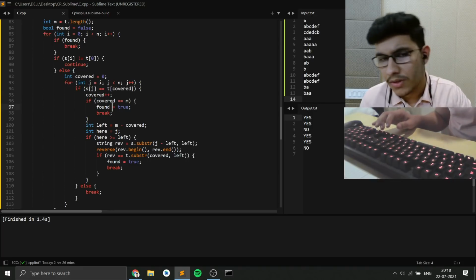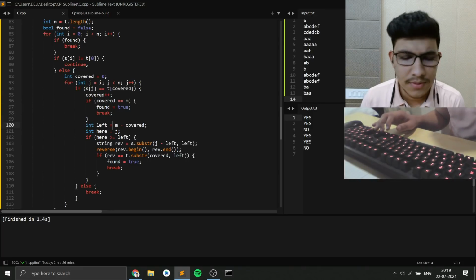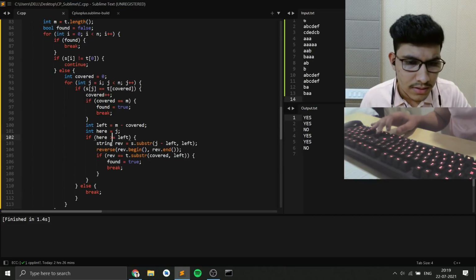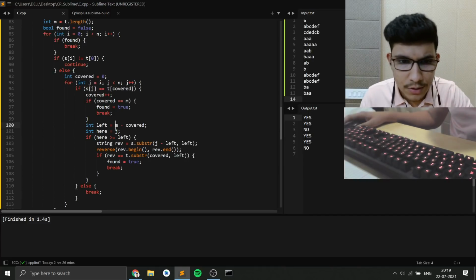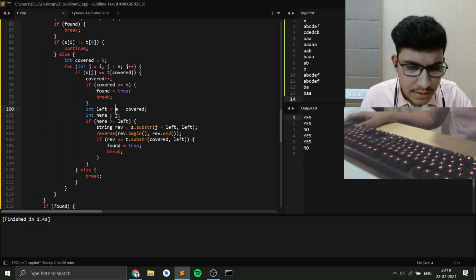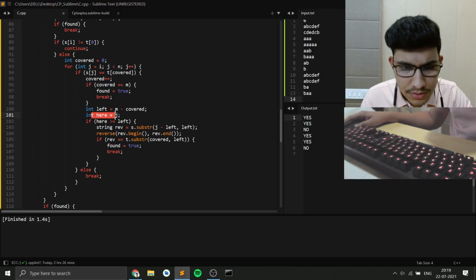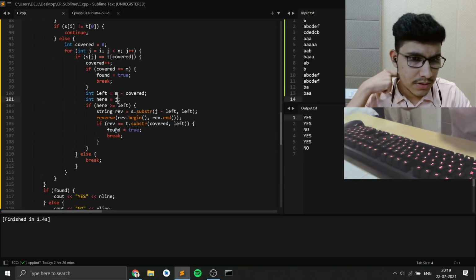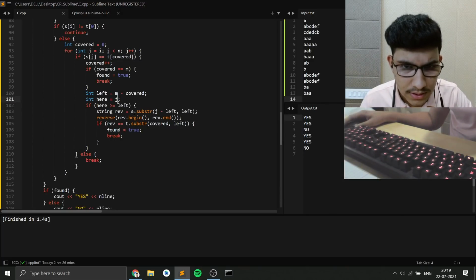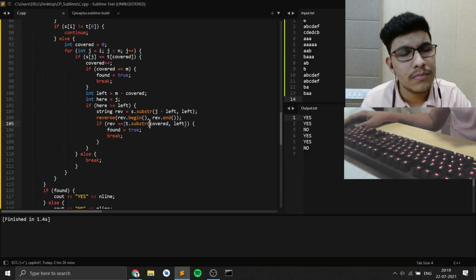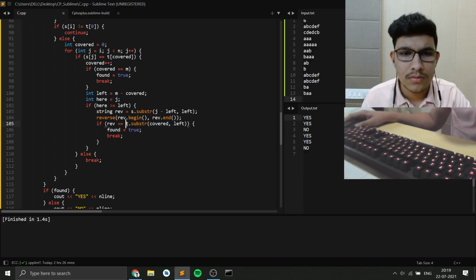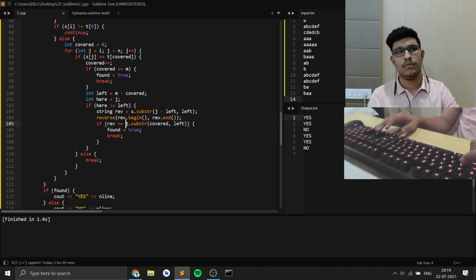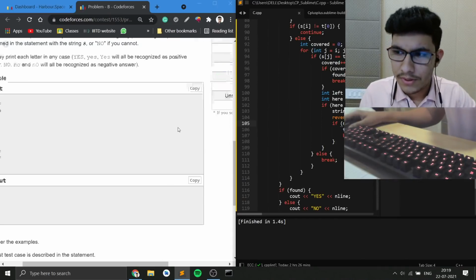If covered equals m, that means I found it, then I just break. And then left is the number of characters that I still need to find. Here equals j. j is the number of characters left towards the left side of string s. And then I find this substring, I reverse it. Right, this should be fine.